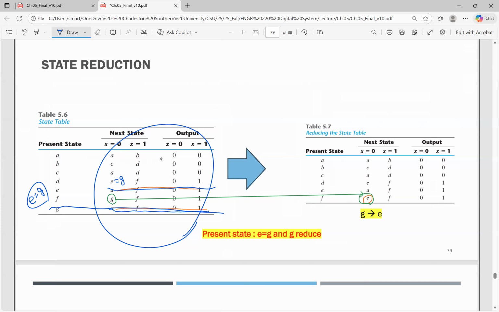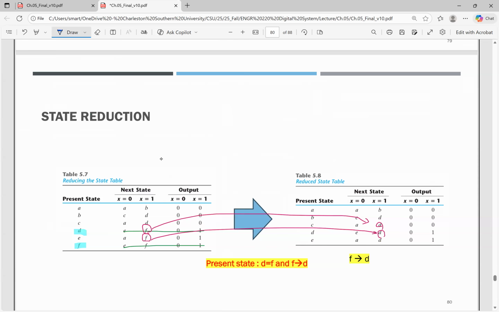That is like G. So after that we're going to replace E with G. G F 0 1, G F 0 1. So we're going to do just like the next one. Here we go. So that means F is equal to D. So D, D. Okay.